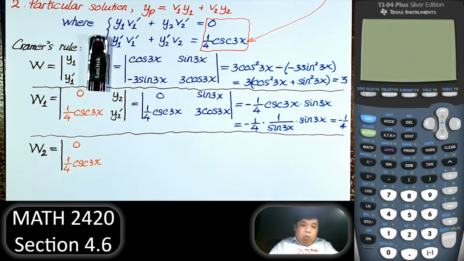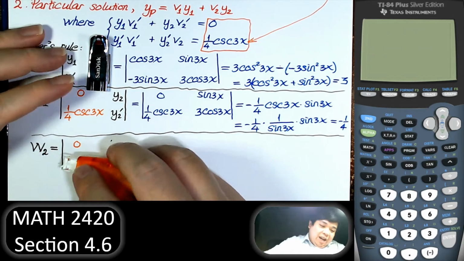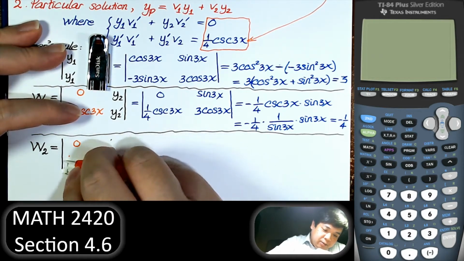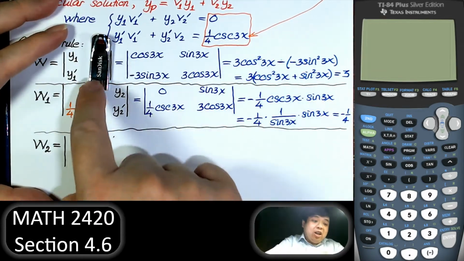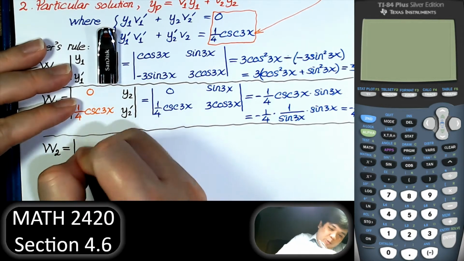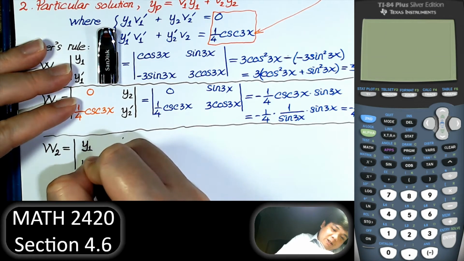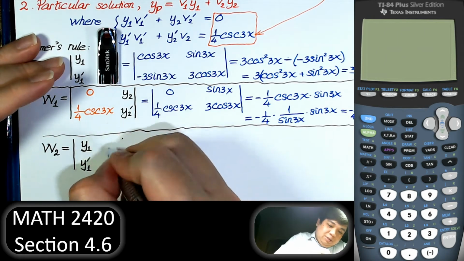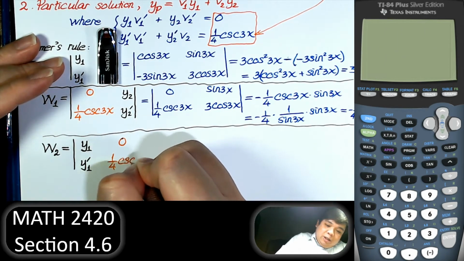Right? Y1, Y that. Sorry, I didn't even pay attention. Put that into Y2 and Y2 prime, so Y1 and Y1 prime still there. One-fourth cosecant of 3x.